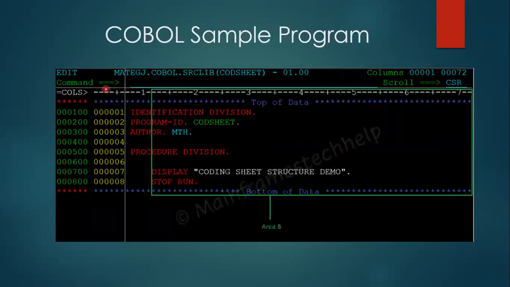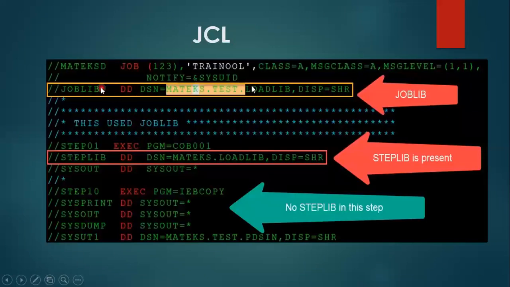Which one is a program? A program can contain divisions and program ID, so that you can easily understand. This is our Cobol program. And if you want to execute your Cobol program, we need to prepare one JCL. JCL will start with a /, and here we have a job, the job ID, I mean the JCL name.